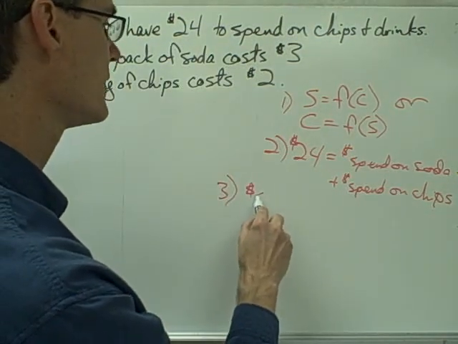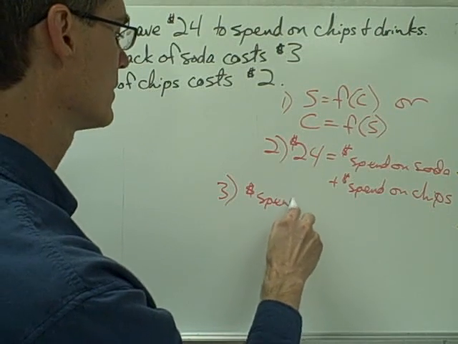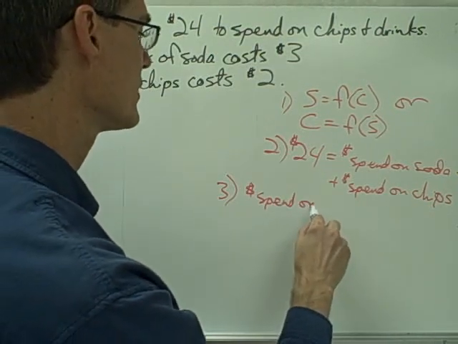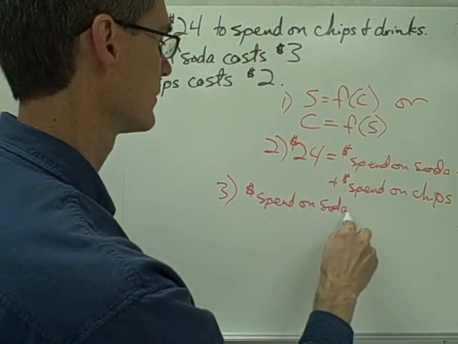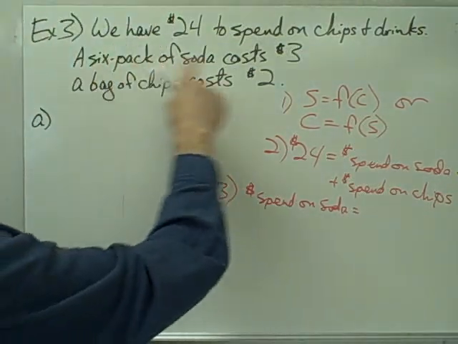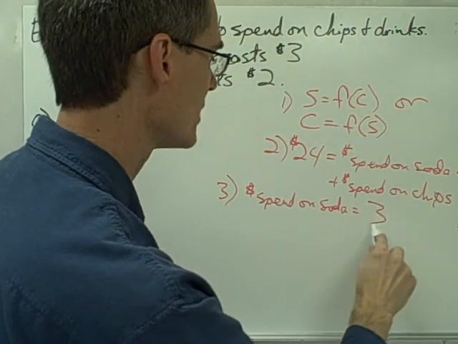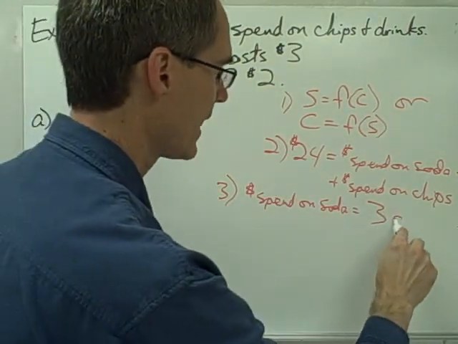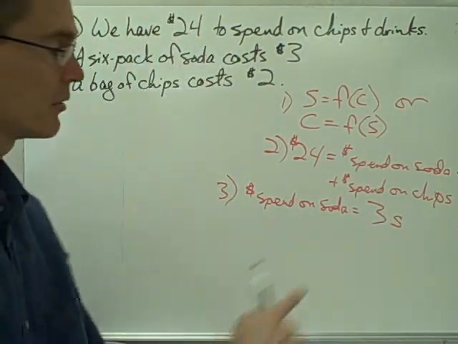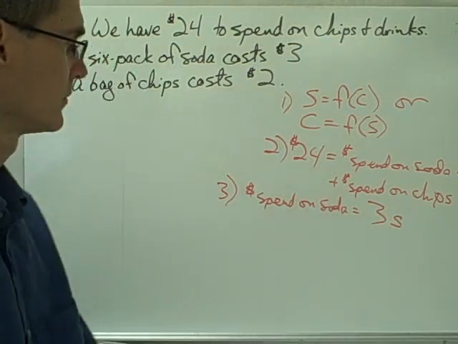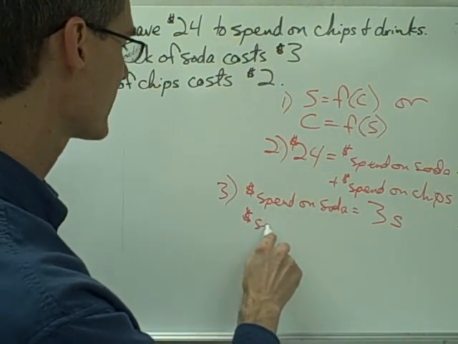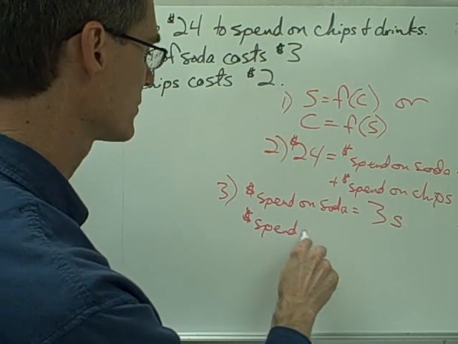The amount of money that I spend on soda, let's see, if a 6-pack of soda costs $3, then the amount of money that I spend on soda is going to be 3 times however many 6-packs of soda I buy. So we'll call that 3 times S. How much money am I going to spend on chips?